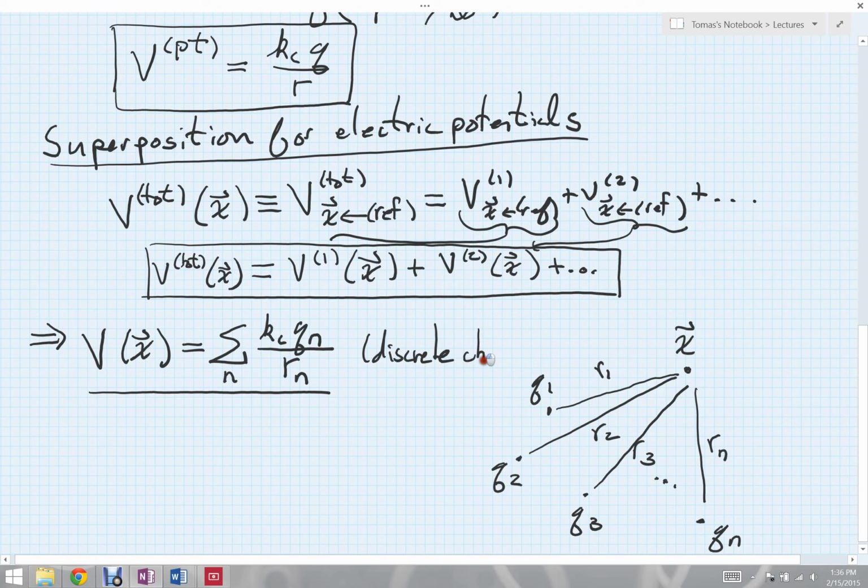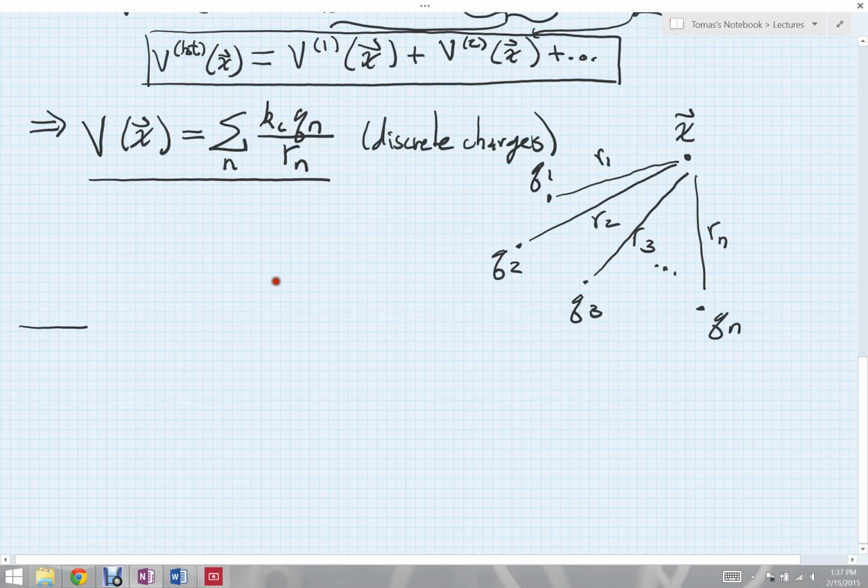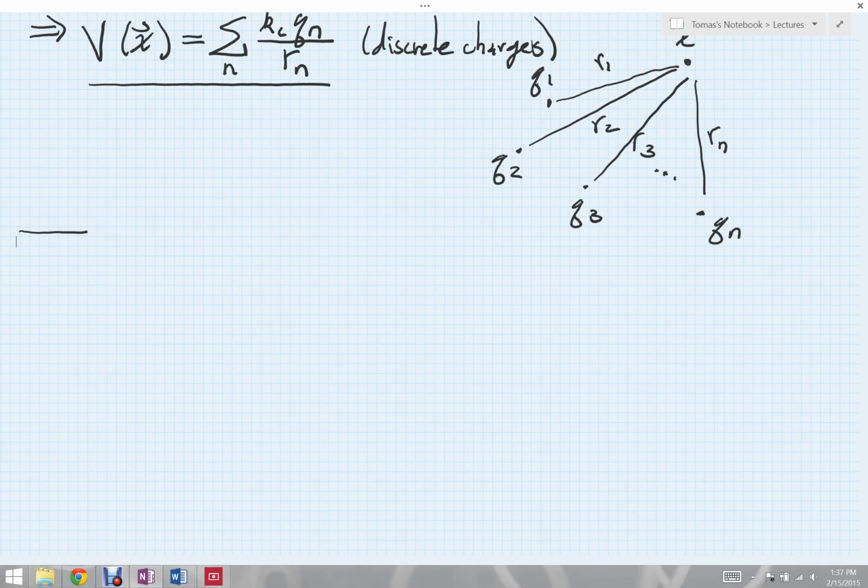Well, for the continuous case, it's going to be very similar to how we've handled things before. Suppose I have some continuous charge distribution. Let me slide things down here a little bit to take a look at something more continuous.